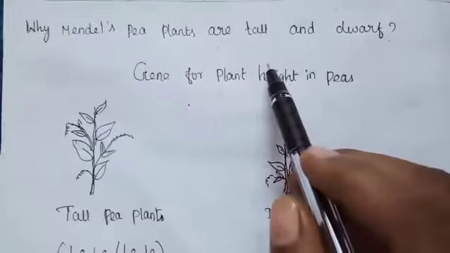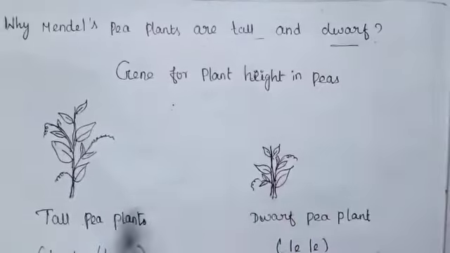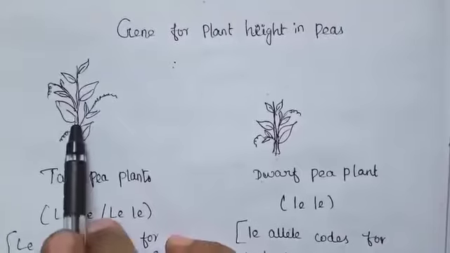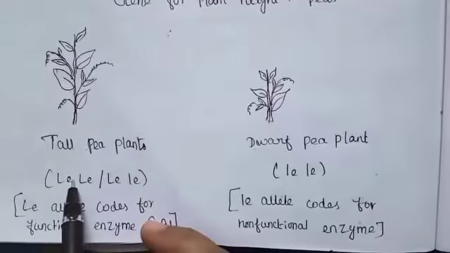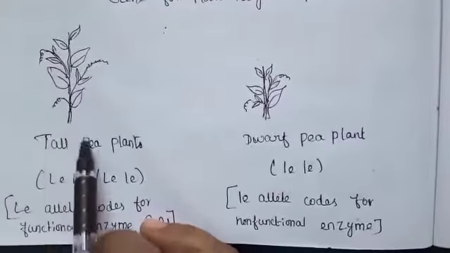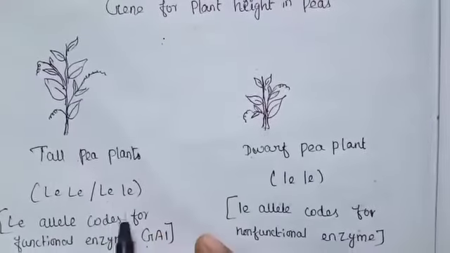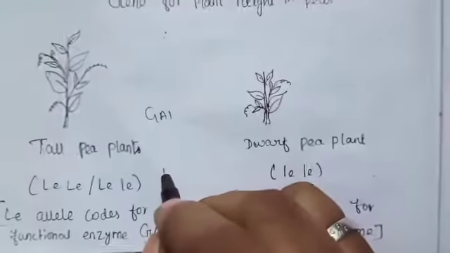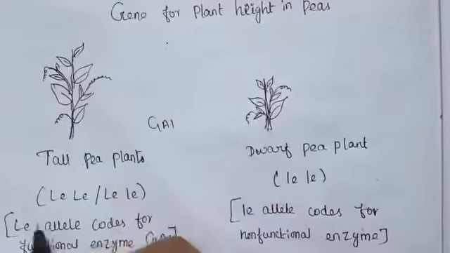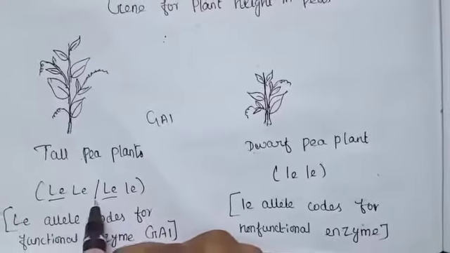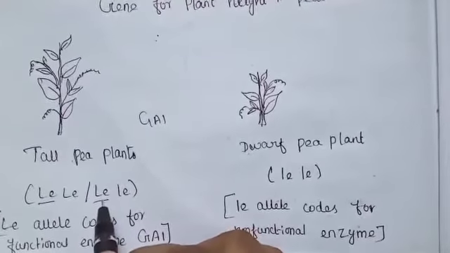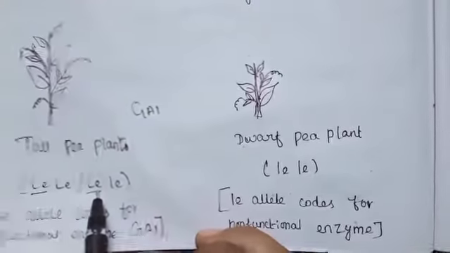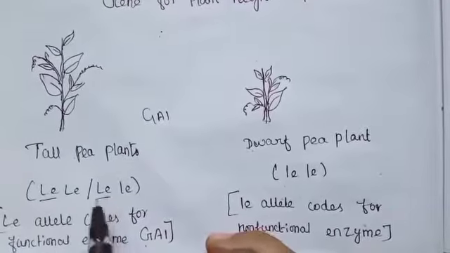Why are Mendel's pea plants tall and dwarf? The plant height is controlled by a single gene with two alleles. The cells of the pea plant have the ability to convert the precursor molecule of gibberellin into an active form, gibberellin GA1. The tall pea plant has one Le allele. The allele is dominant, so even with two alleles or a single allele, it produces gibberellins and the pea plants are tall.